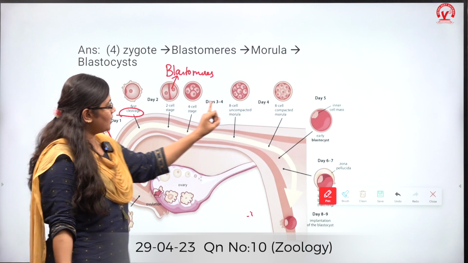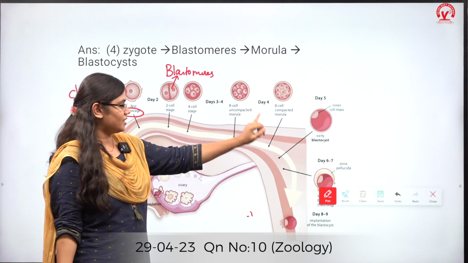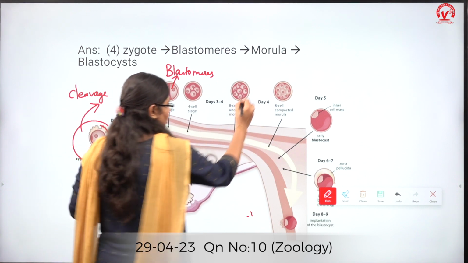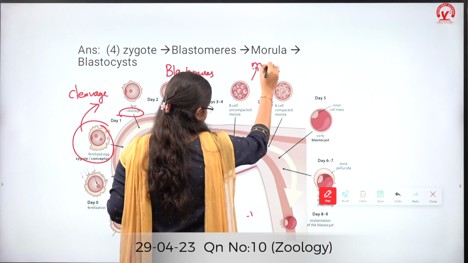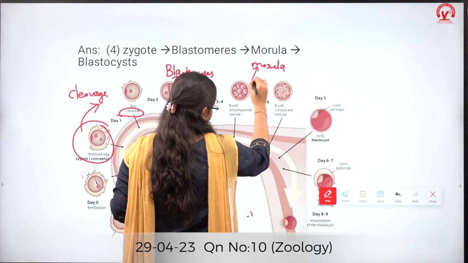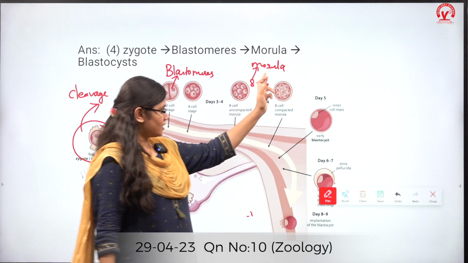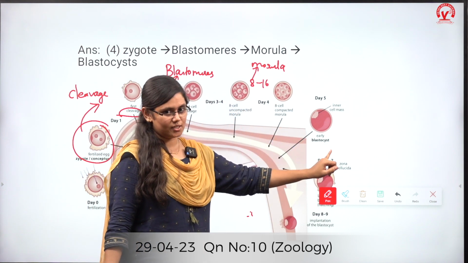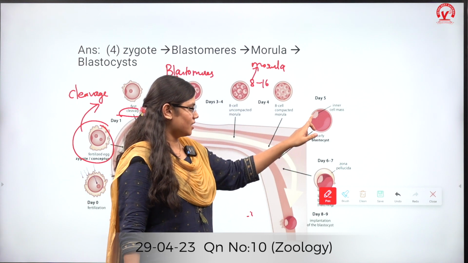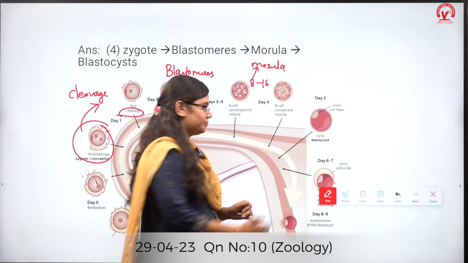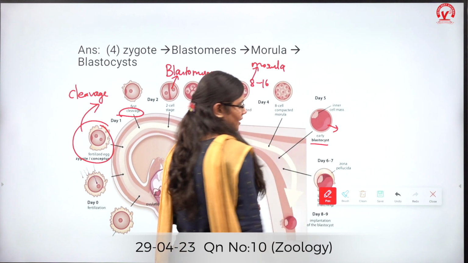And once it forms the 8 cell stage, the 8 to 16 cell stage is called morula. This morula gets transformed into blastocyst. This blastocyst has an inner cell mass and an outer trophoblast layer.